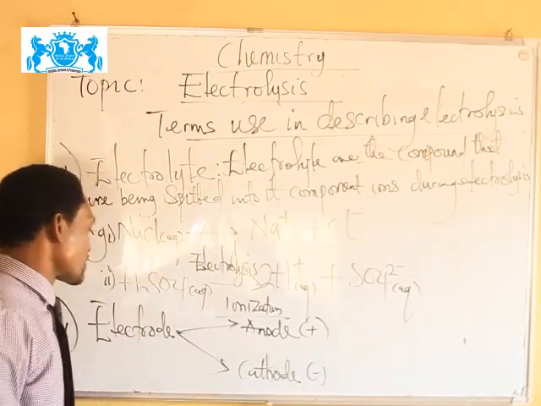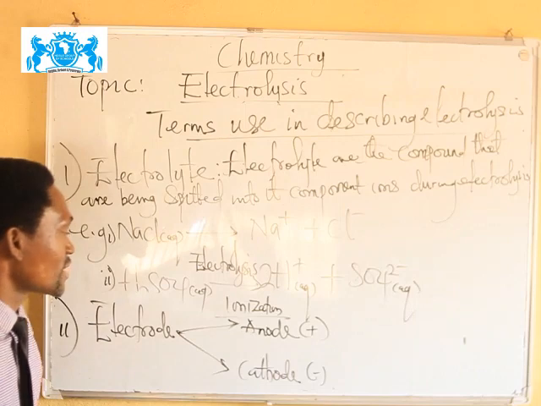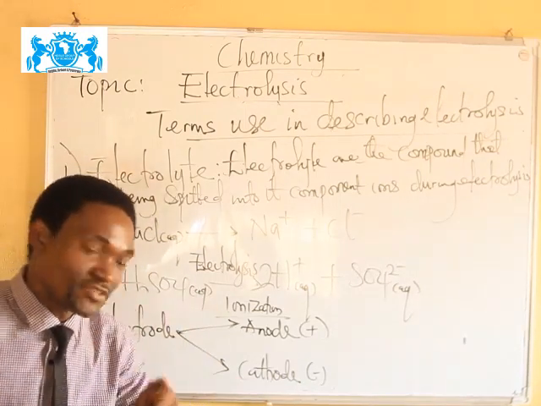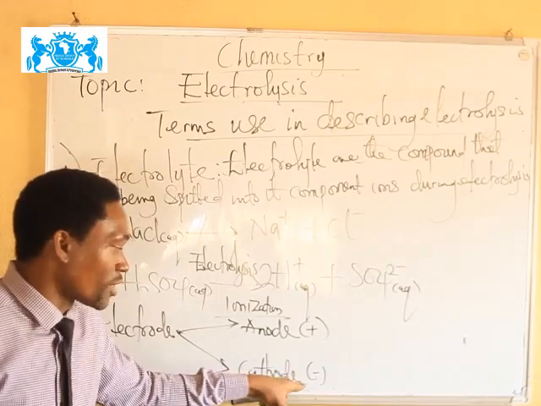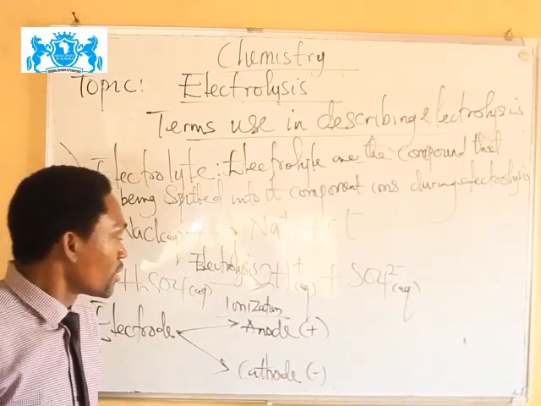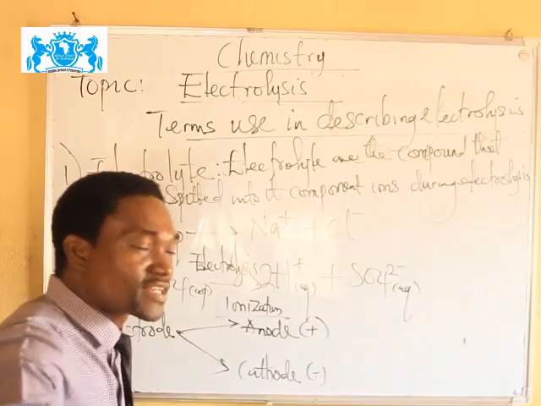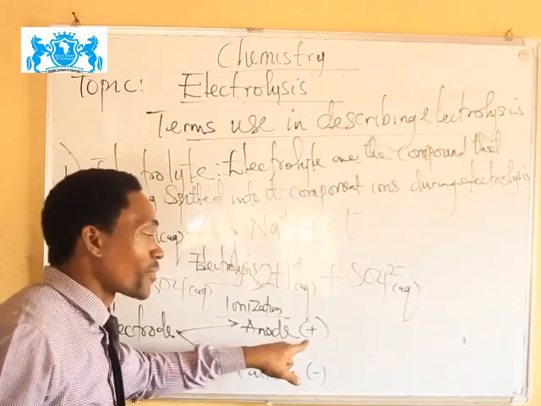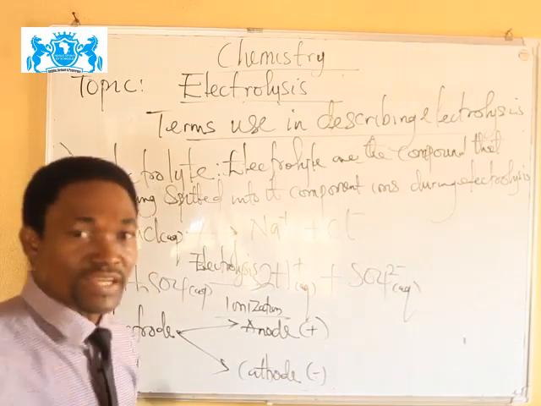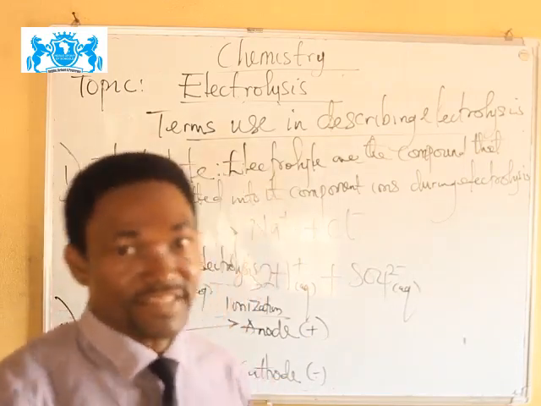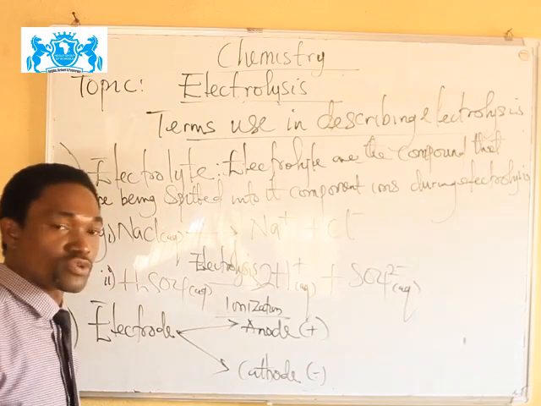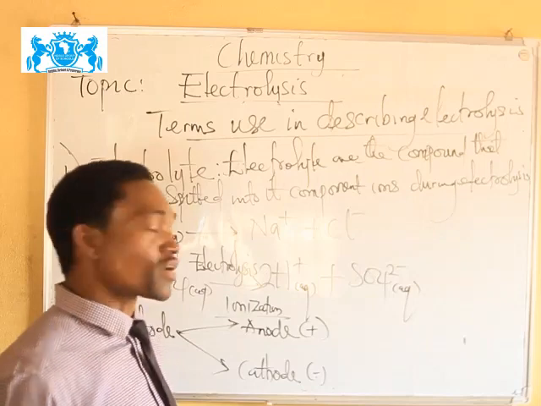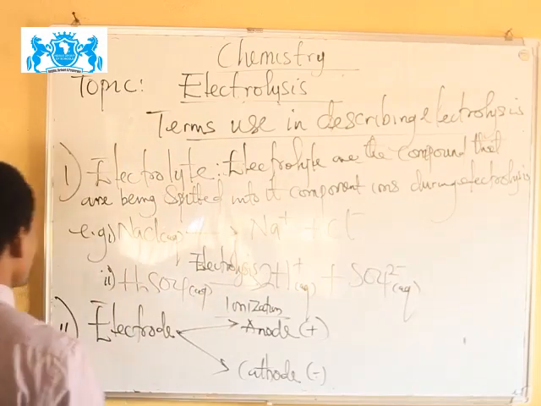So during electrolysis, cations, which are positively charged ions, are attracted to the cathode, being the negatively charged pole. The anions, which are negatively charged ions, are attracted to the what? Anode, being positively charged, as a result of the law of electrostatics. We say unlike charges attract, while like charges what? Repel.